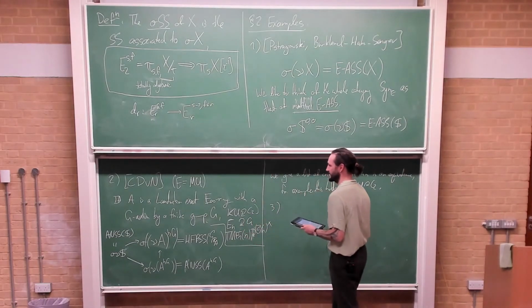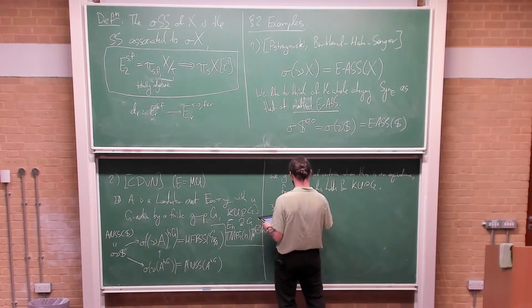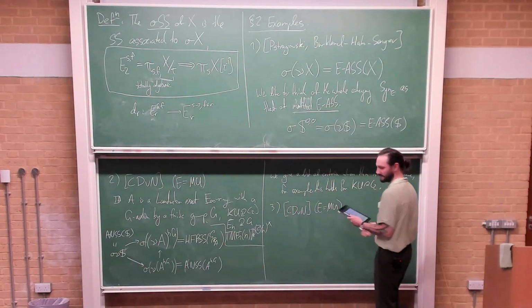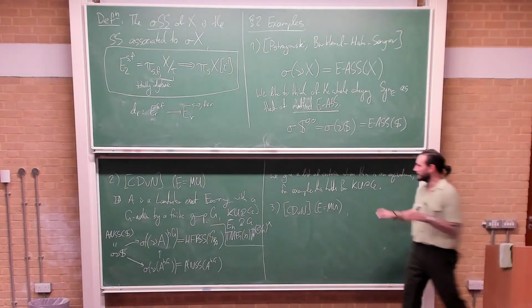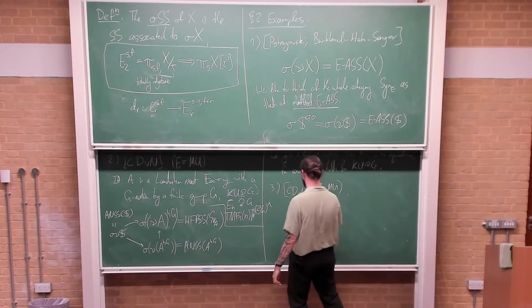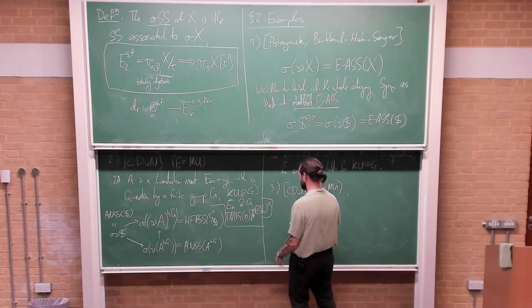The third example is also by the three of us. And this is what happens. So let's take E equals mu. And I'm just going to write this one down quickly. So when you define something like the global sections of a spectral stack, then you might end up with something like TMF.